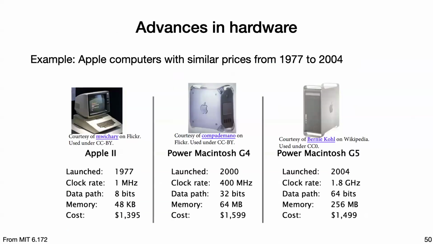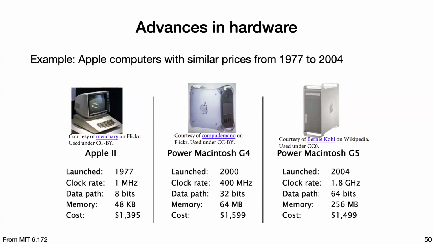So for example, these are Apple computers with similar prices over time. This is an Apple II from 1977. The clock rate was 1 megahertz, the memory is 48 kilobytes, and it was about $1,400.